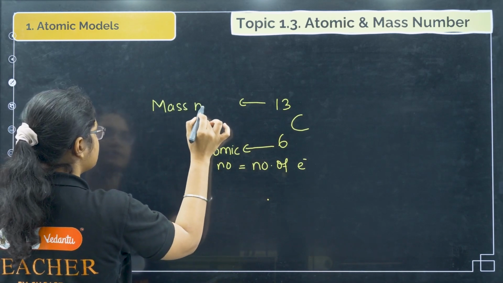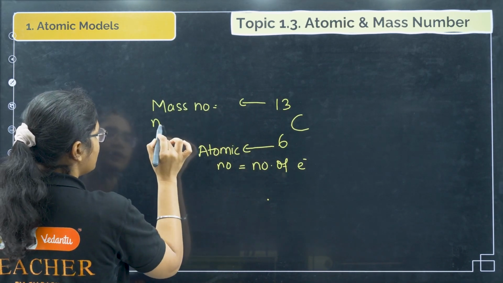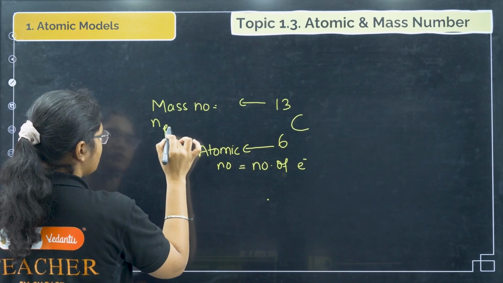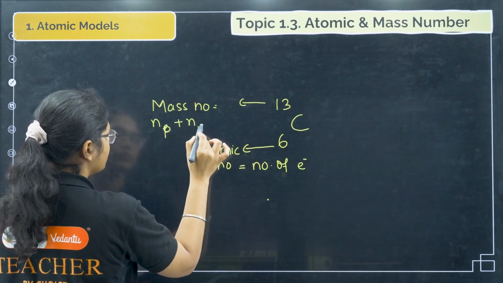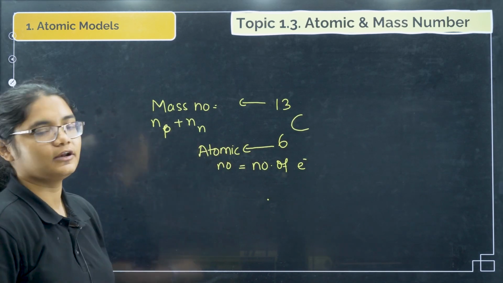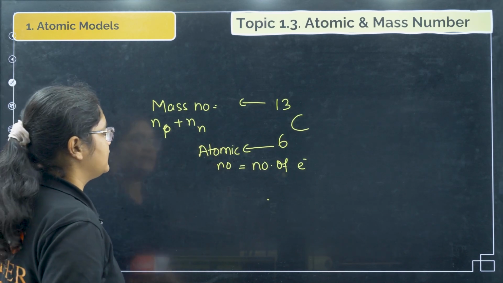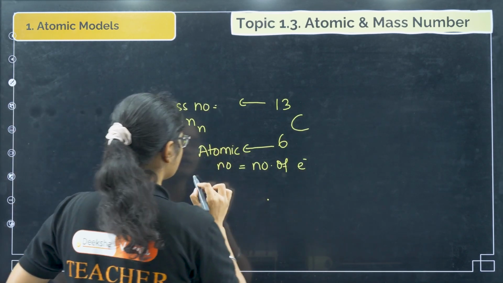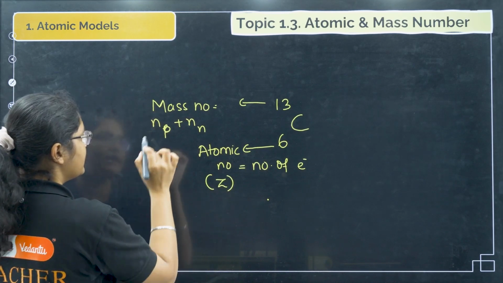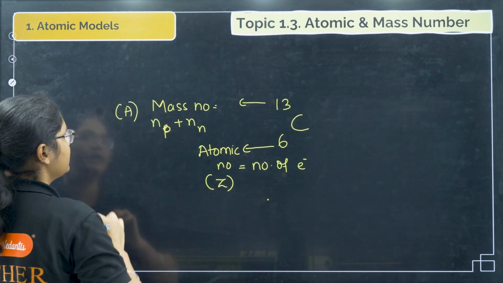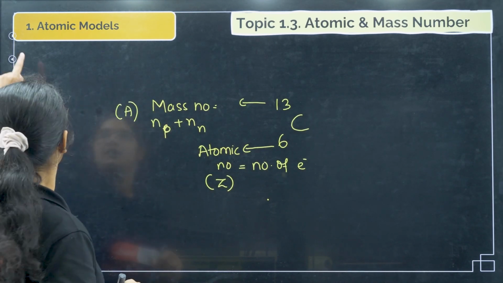Mass number is equal to the number of protons plus the number of neutrons. One more thing: the atomic number is represented by Z and the mass number is represented by A.